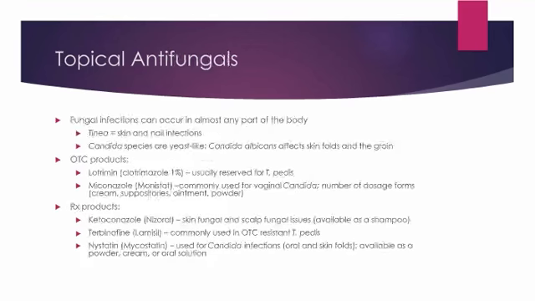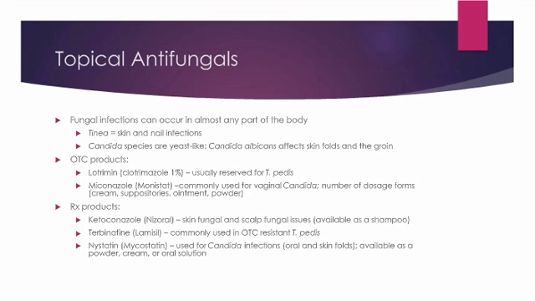Fungal infections can occur in almost any part of the body. Tinea fungal infections are those originating from the skin or nails. Candida species are yeast-like infections. Candida albicans is a fungal organism that can affect skin folds and the groin. There are some over-the-counter products that patients can use to initially try to treat some fungal issues.